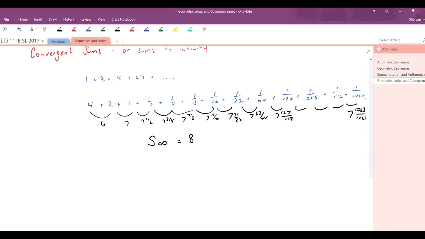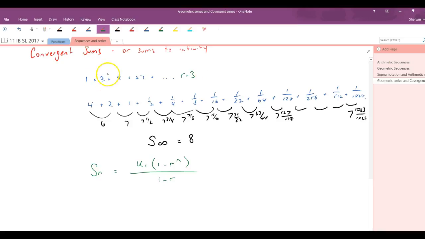So, okay, how to calculate it? Well, we go back to our sum to n terms of u1, 1 minus r to the n over 1 minus r. Okay, now let's think about this sum, but for values of r. Let's think about the values of r that make our terms get smaller, so that we might have a convergent sum. We looked up here where r is equal to 3, gets bigger.